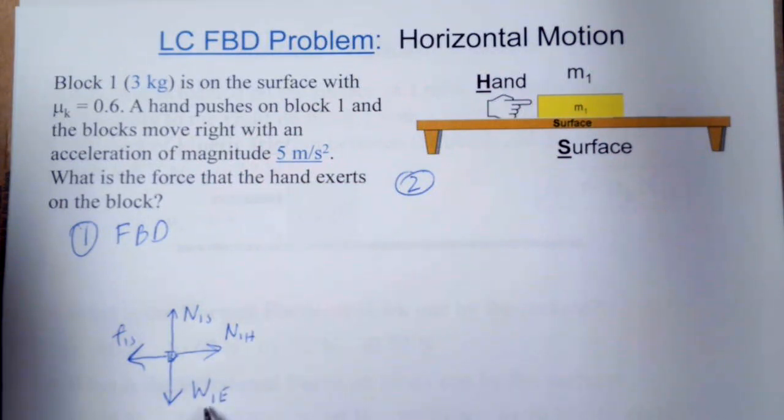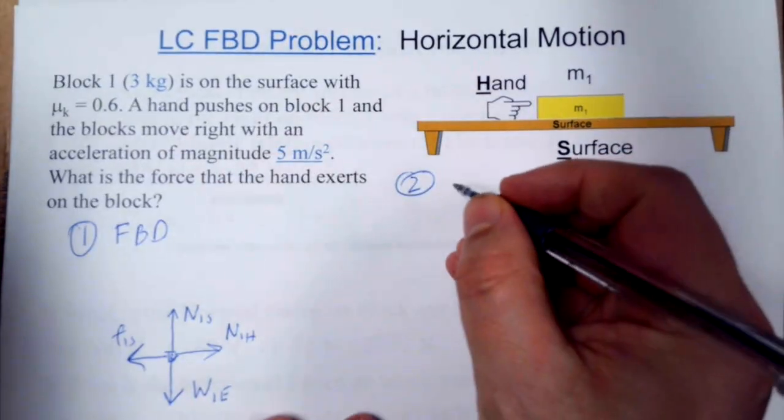We know the weight force, and finding the normal force due to the surface is pretty straightforward. So that should be the first step, because we know all of the forces in the y direction. In the x direction, we need to know the normal force by the surface before we can find the friction force. That tells us we need to do the y direction first.